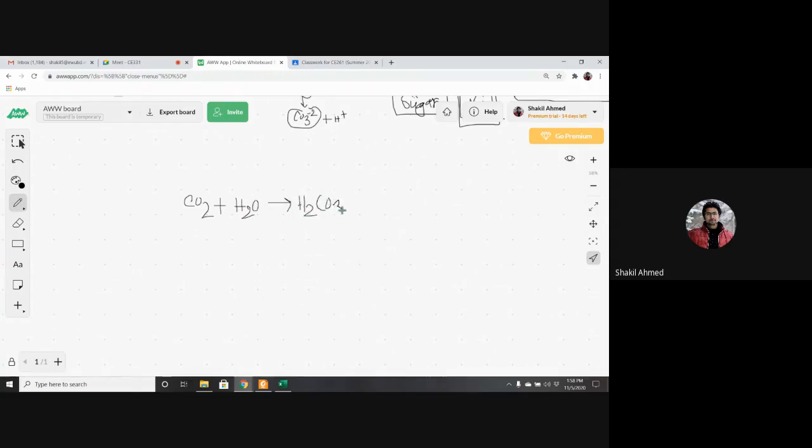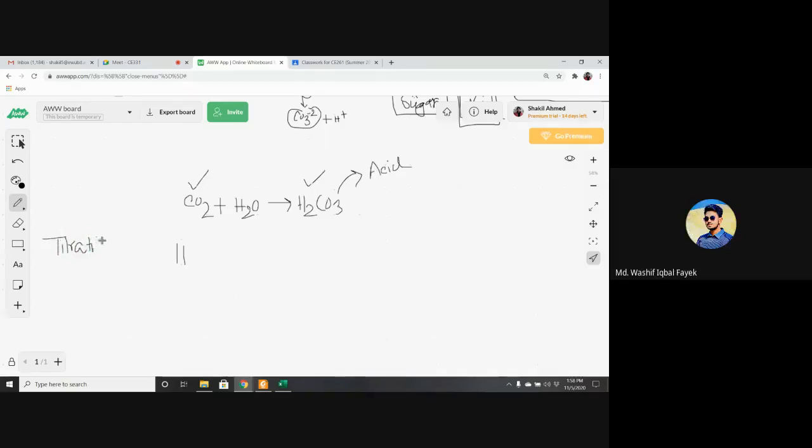Now you want to determine this. How to determine the amount of acid? By titrating this acid with a base. Simple, right? So titration, are you following me guys?